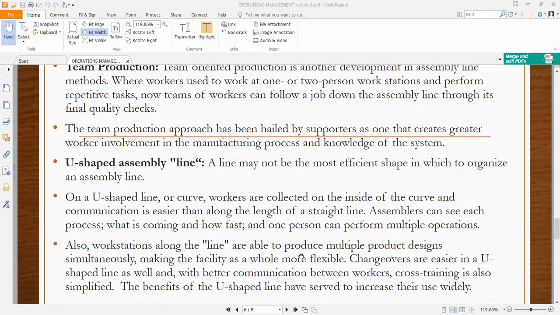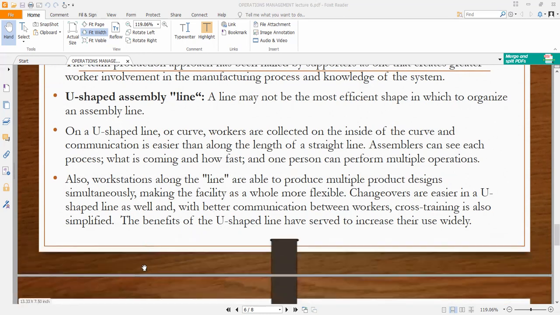Changeovers are easier in the U-shaped line, as well as with the better communication between workers. Cross training is also simplified. Okay, cross training meaning that one is able to learn from the other.